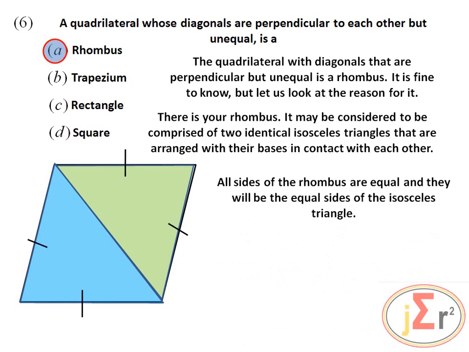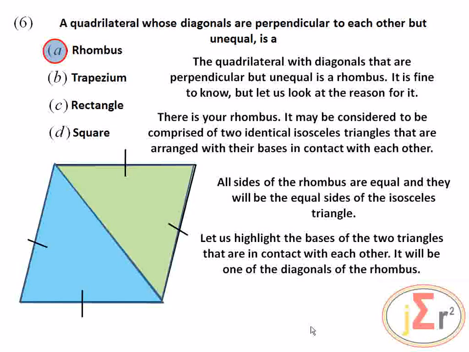So let us say this is your rhombus. Of course, we have all sides equal and we have an isosceles triangle here. What makes this triangle isosceles is that this side is equal to this side, and this one is also isosceles because this side is equal to this side for sure.